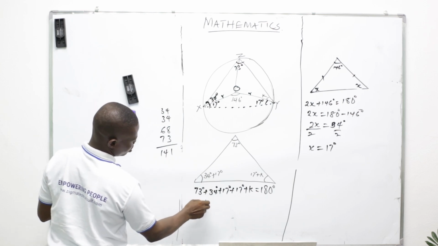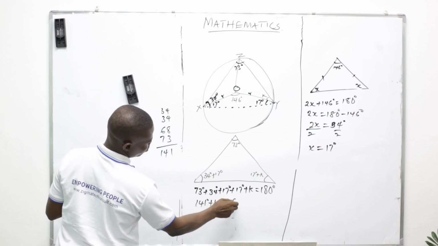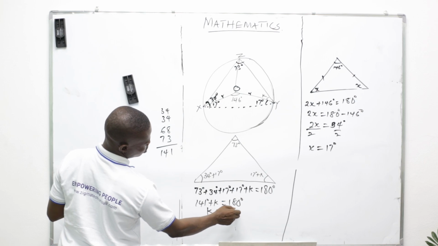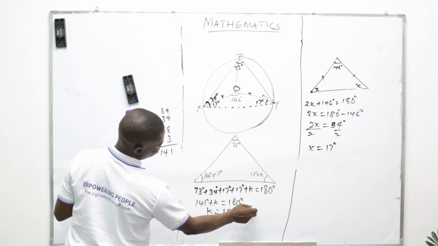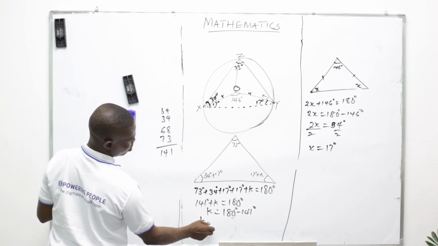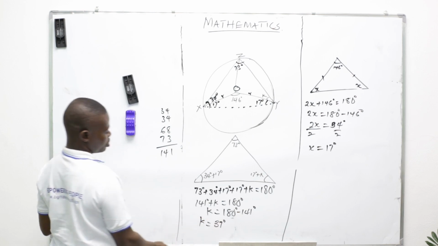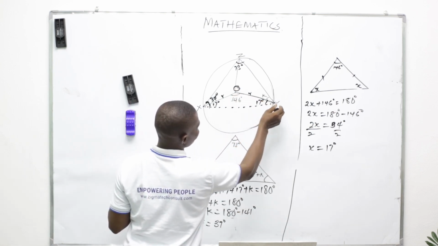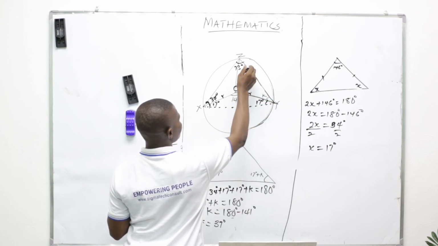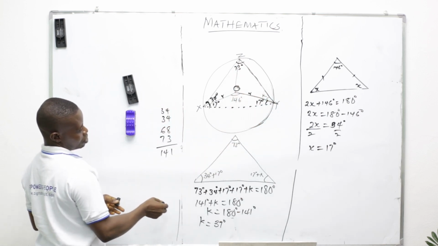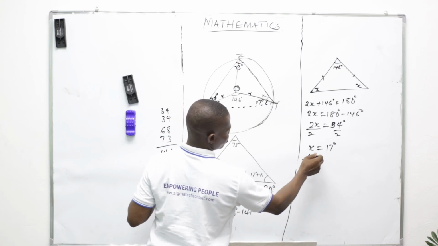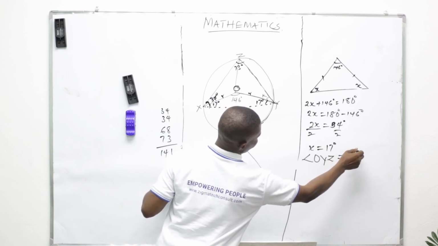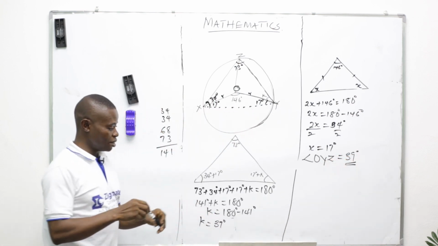So 141 degrees plus K equals 180 degrees. Therefore, K equals 180 degrees minus 141 degrees. K now equals 39 degrees. And K is representing angle OYZ. Therefore, angle OYZ equals 39 degrees. Final answer.